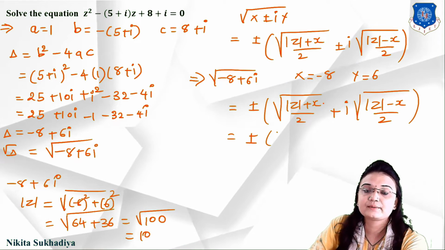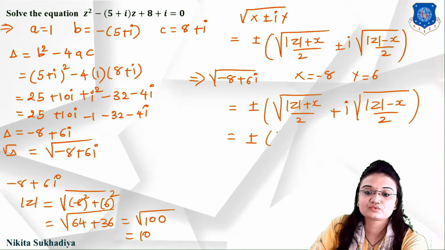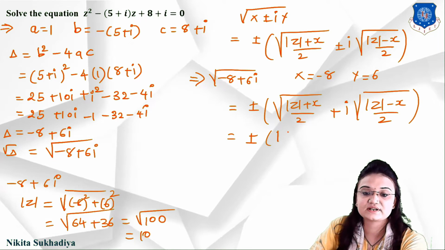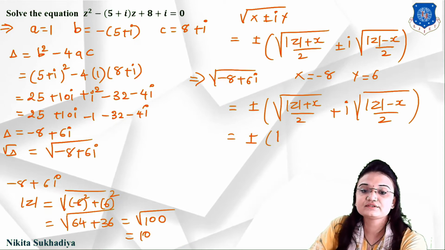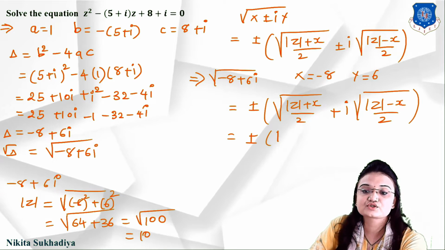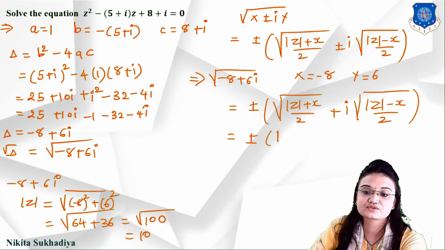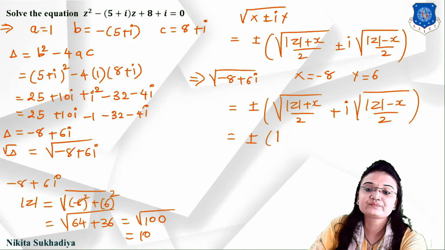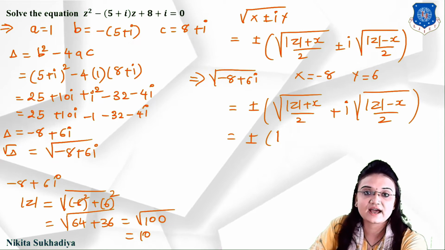So this will become plus 2, and 2 by 2 will become plus 1, and the square root of 1 will become plus 1. Here we have modulus of z, that is 10, minus x, so minus minus plus 8, so 10 plus 8 divided by 2, this will become 9, and the square root of 9 is 3.